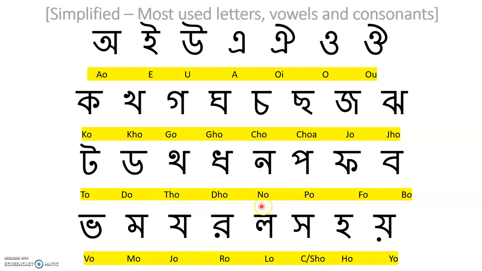So that's more of an N. Pa, Fa, Ba, Bha, Ma, Ja, Ra, La, Sha. And you can pronounce it as C, H, or S. Ha and O.